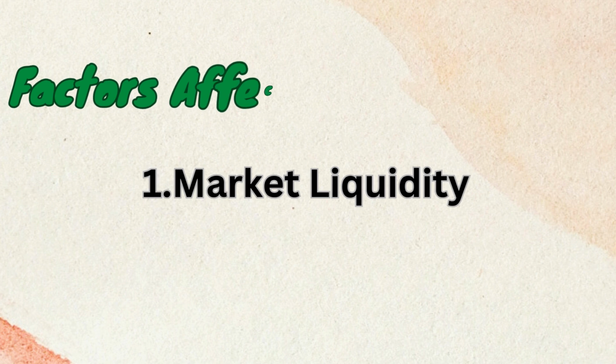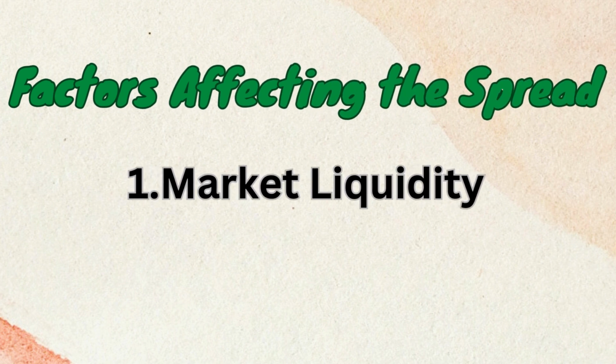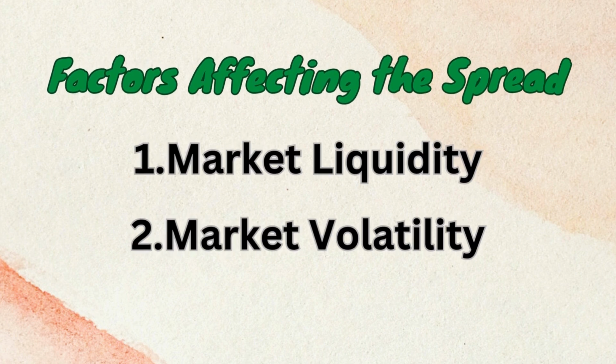The next thing we can touch on is factors affecting the spread. One thing that affects the spread is market liquidity. I think I have mentioned that, but let's go through it. Pairs like EUR/USD usually have low spreads, always between 1 to 2 pips, because they are highly traded in forex. The next thing that affects the spread is market volatility.